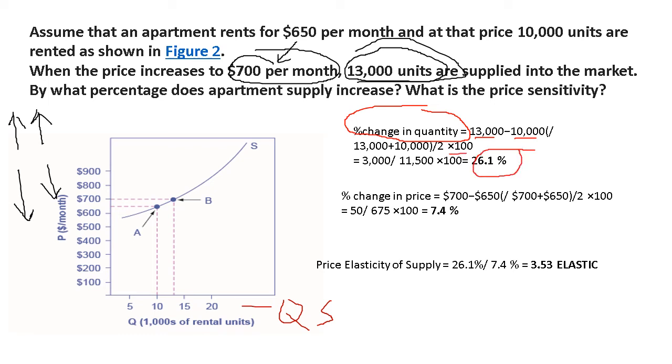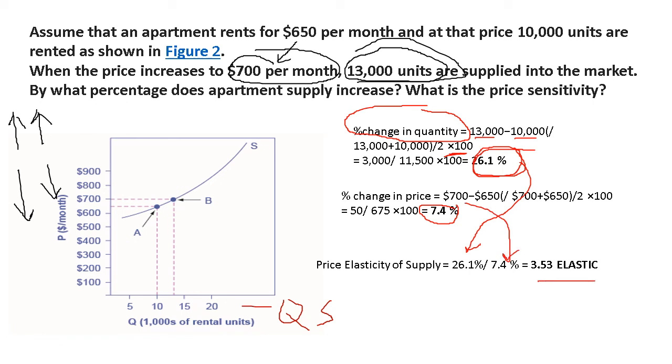Please do not forget times 100. 26.1%. Now, percent change in price, we have to compute. Just follow the formula. So we have 7.4%. So now, we are going to get the ratio. So we divide 26.1 by 7.4. It is 3.53.